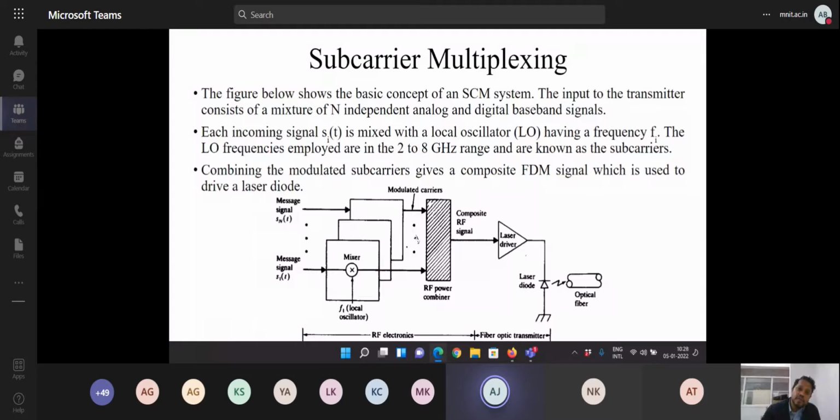So subcarrier multiplexing is being used in visible light communications to enhance the data rates. People are working on subcarrier multiplexing as a part of visible light communication now.